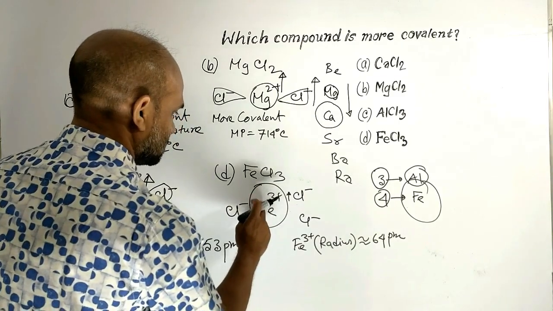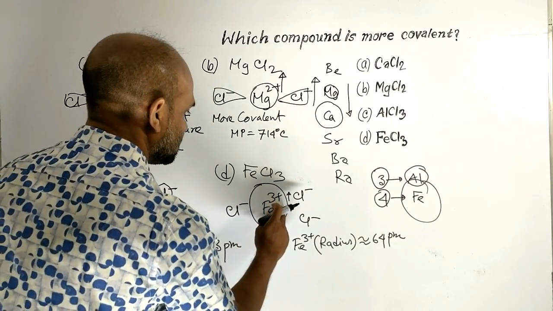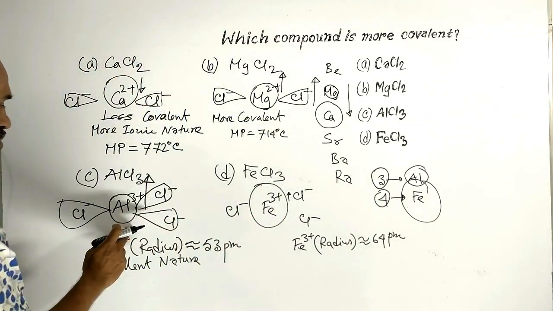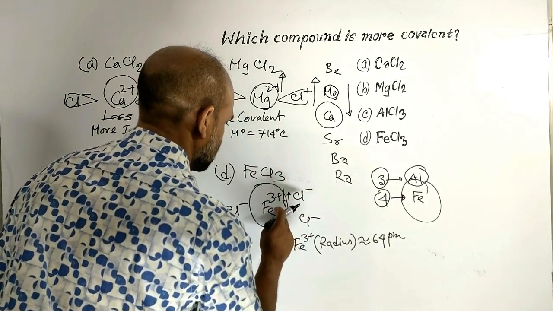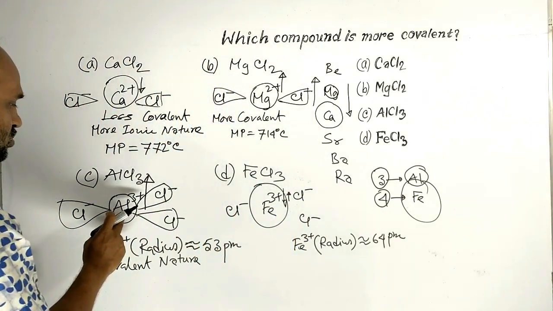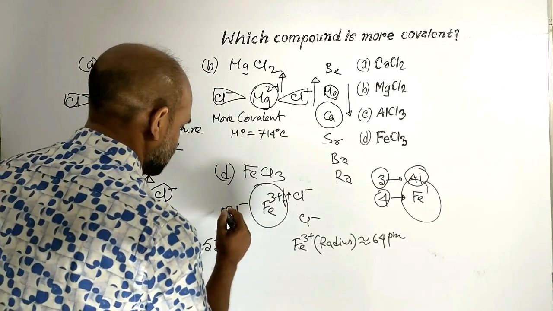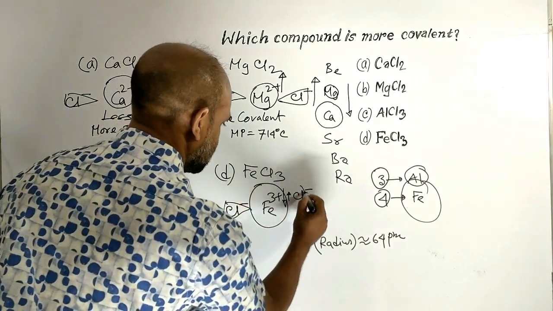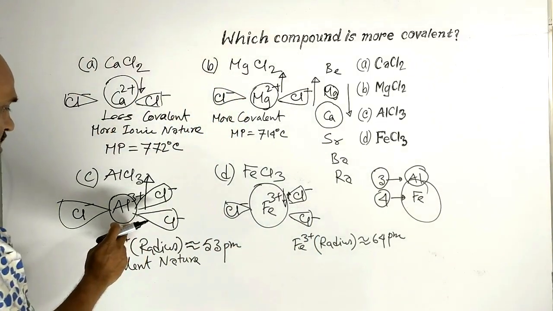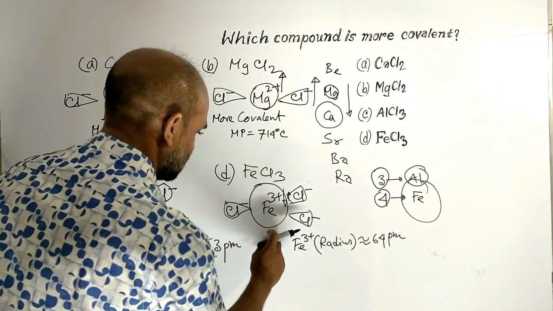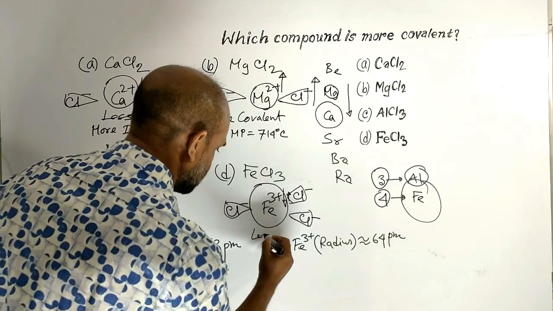But in this case, this is a bit bigger in size compared to aluminum 3 plus ion. So here charge density is lower compared to aluminum 3 plus ion. Because of this, here polarization occurs, but this is not much like aluminum chloride. That is why this is less covalent.